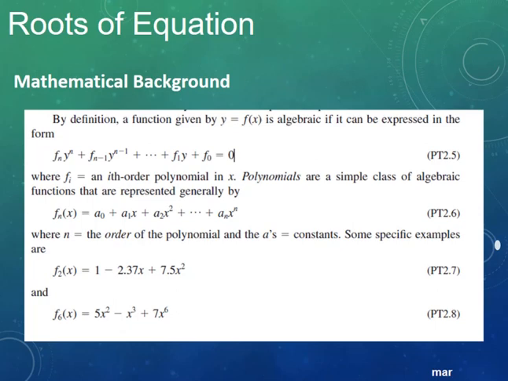So some specific examples are f of 2 of x is equal to 1 minus 2.37x plus 7.5 x squared, and f of 6 of x is equal to 5x squared minus x cubed plus 7x. So if you will notice, kung ano yung pinakamalaking exponent, yun yung f of n. 2, kung 6, pinakamalaking exponent, f of 6 of x.